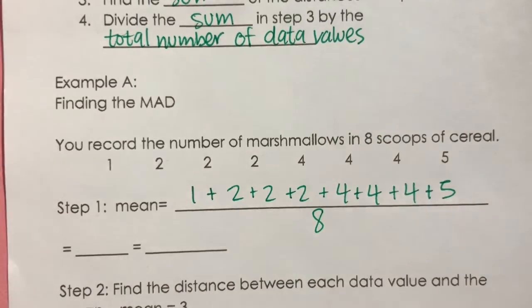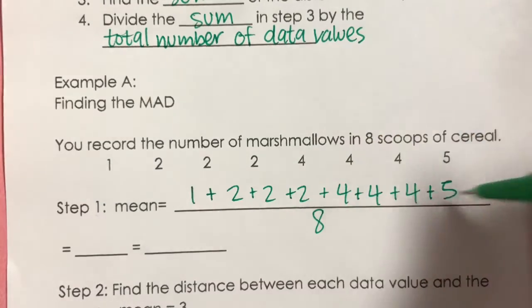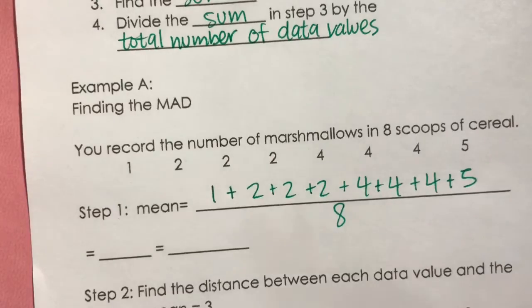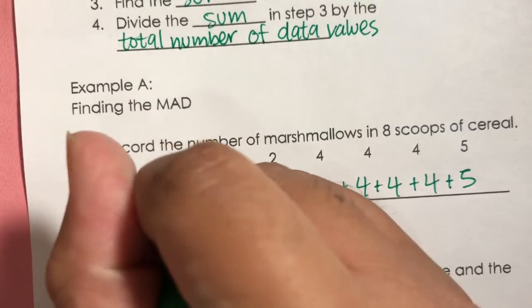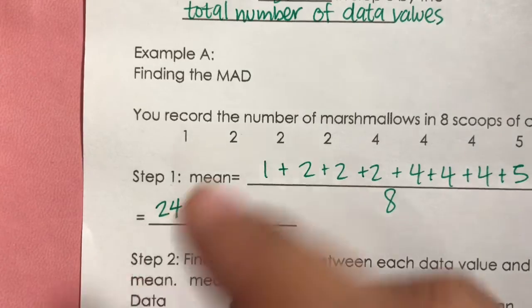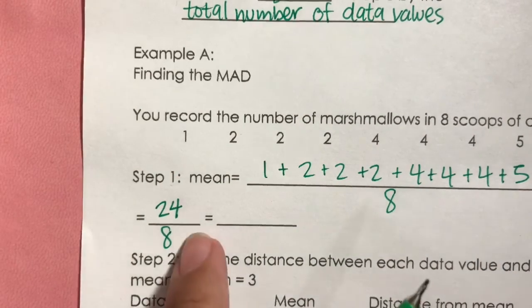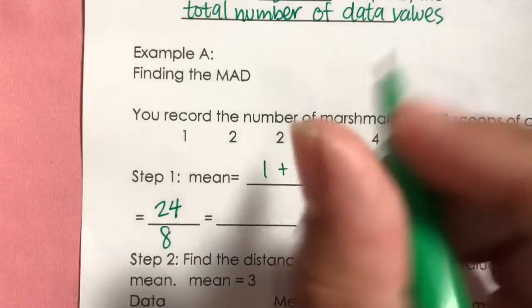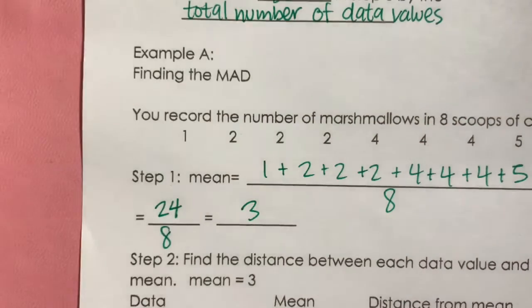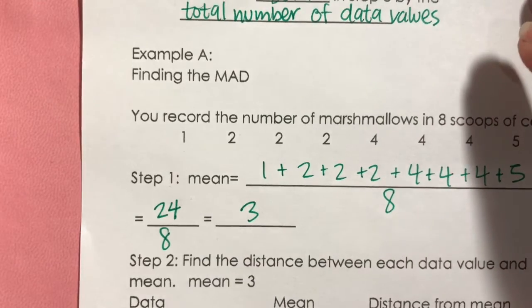And see, 8 scoops of cereal. Okay, so when we add all these numbers up together, you should have gotten the number 24. And 24, we're going to divide that by 8 because that's how we find our average or our mean. 24 divided by 8 is 3. So now we know the mean of this data set is 3.